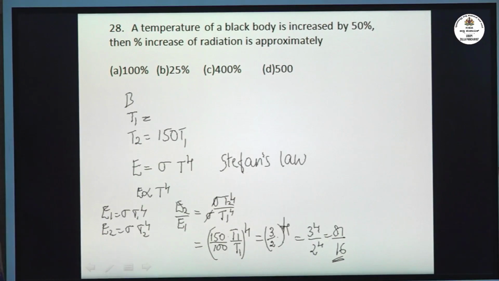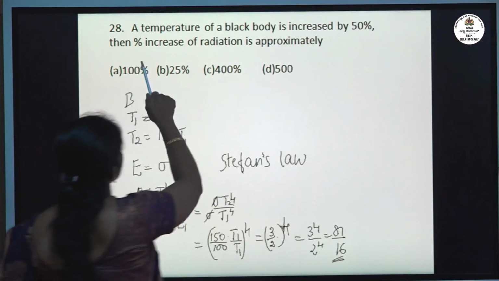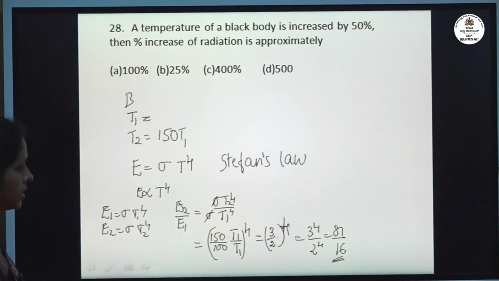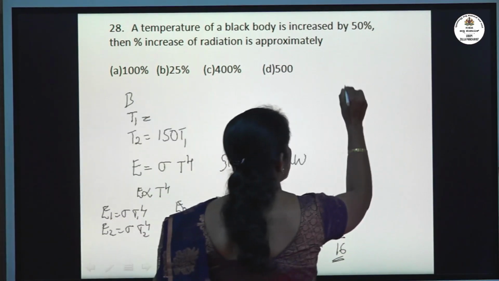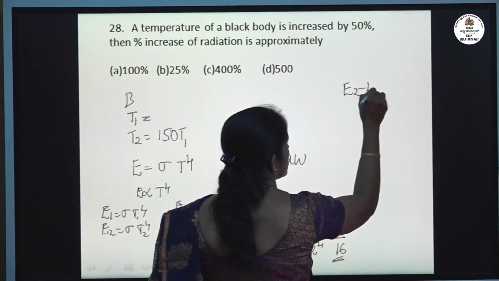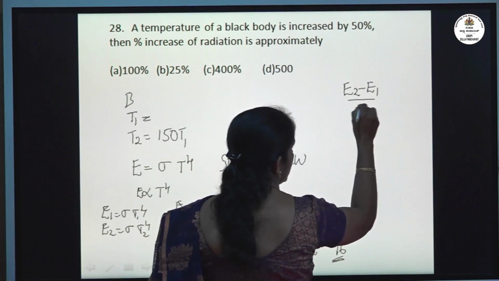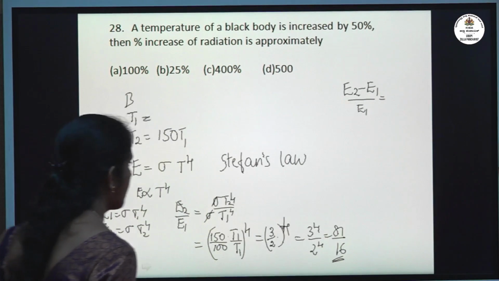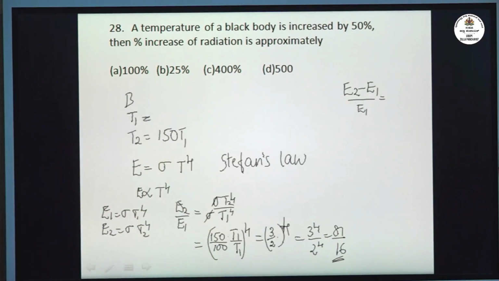81 divided by 16. You are asked to calculate percentage increase in radiation. To calculate the percentage increase in radiation, calculate E2 minus E1 by E1. E2 minus E1 by E1, where E2 is the thermal radiation.